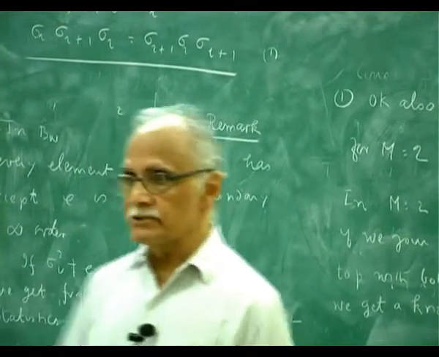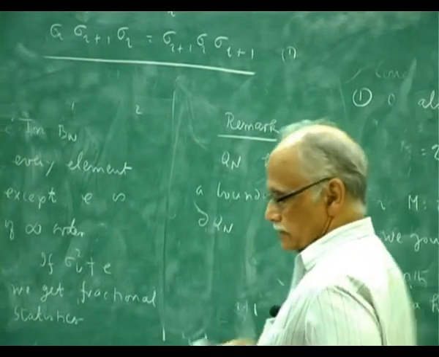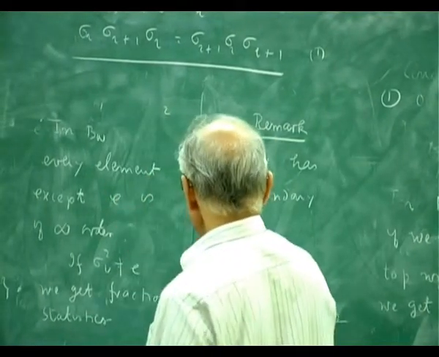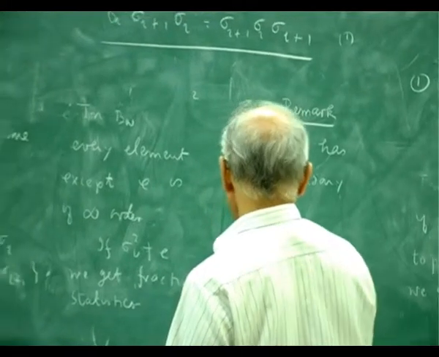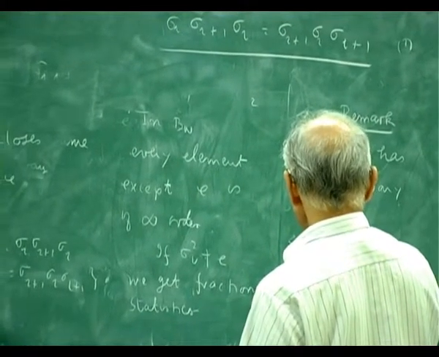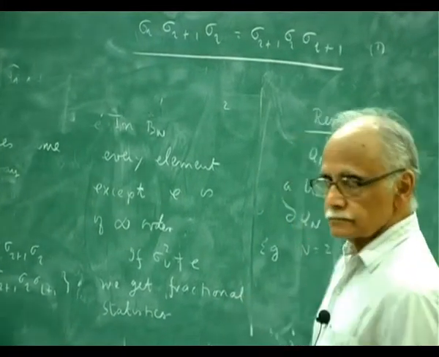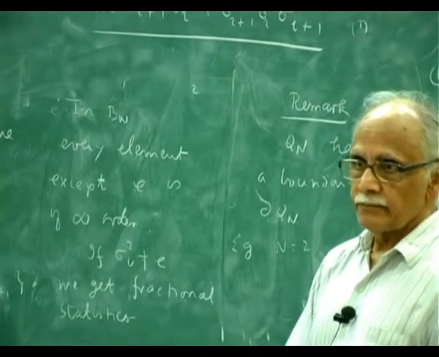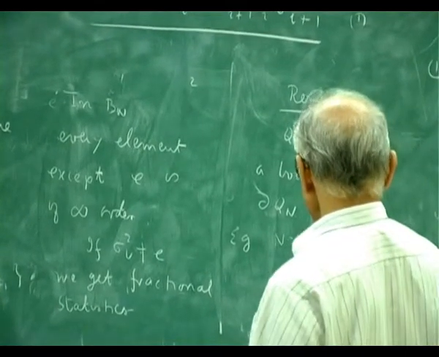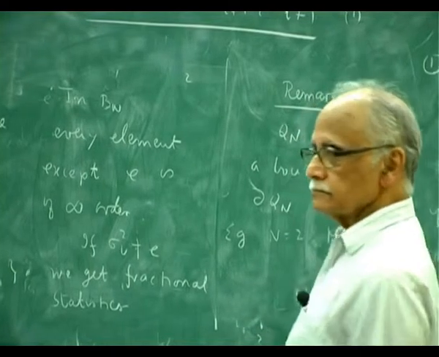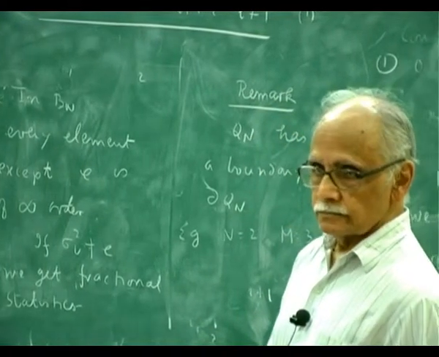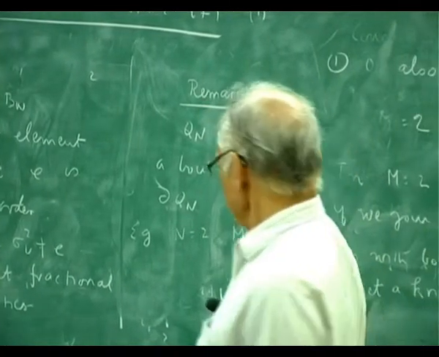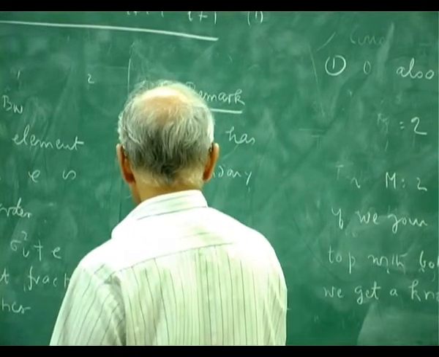It is not a manifold without boundary. For example, let us consider two particles. Let us consider m equal to 3. So in Qn, what happens here?